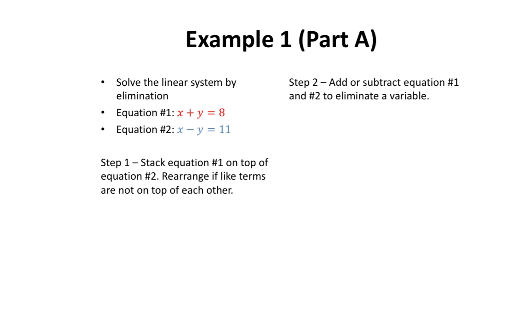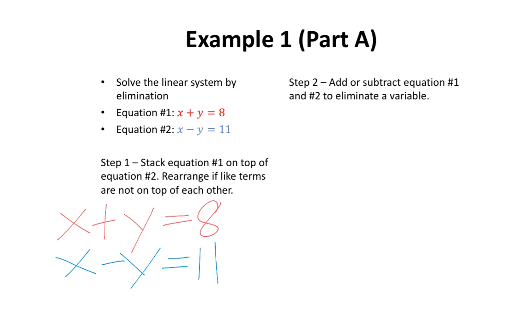Let's start by rewriting equation 1. x plus y equals 8. I'm going to rewrite equation 2 directly beneath equation 1. x minus y equals 11. These two equations are now stacked on top of one another. We want to make sure that like terms are on top of each other.